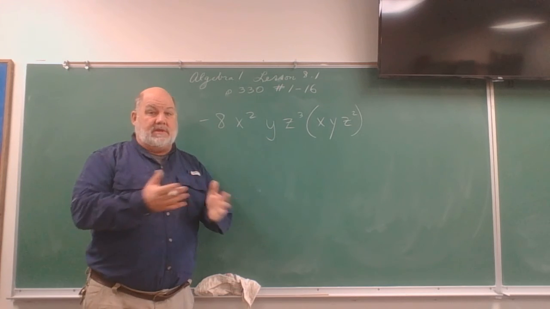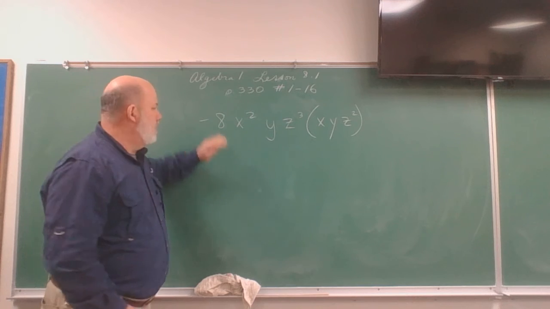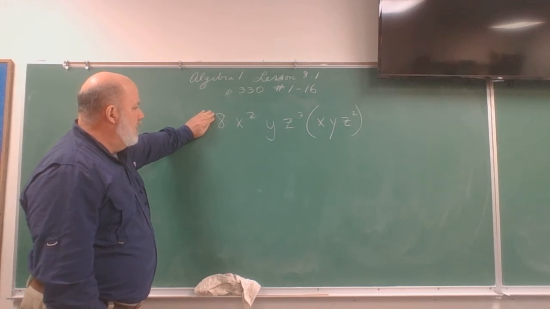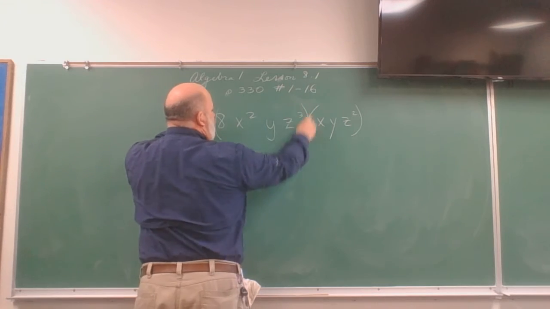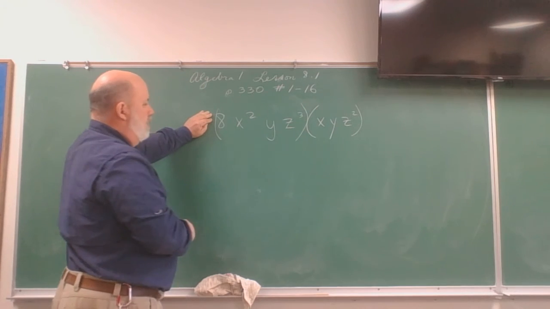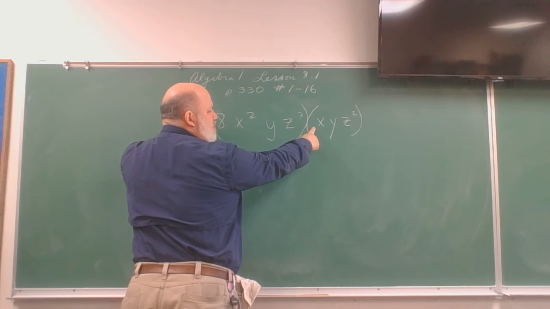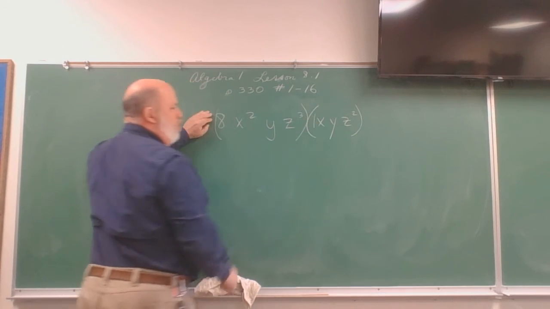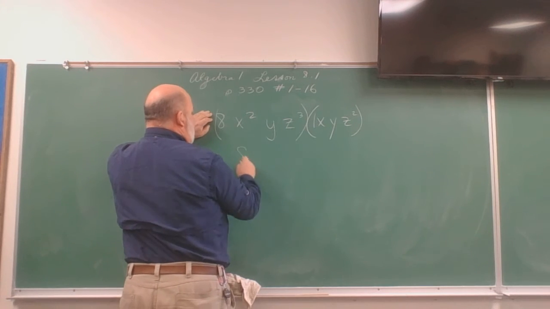No, there's no pluses or minuses in this thing. Well, there's one right there, but that's the front. I'm multiplying, and I could put parentheses around this whole thing times that whole thing. All right? What's the number in front of this x, y, z squared? It's just the number 1. It's understood. We don't have to have it. 8 times 1 is 8.